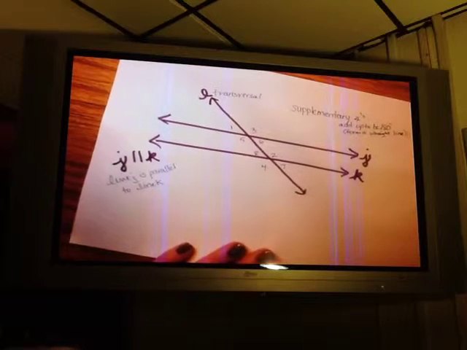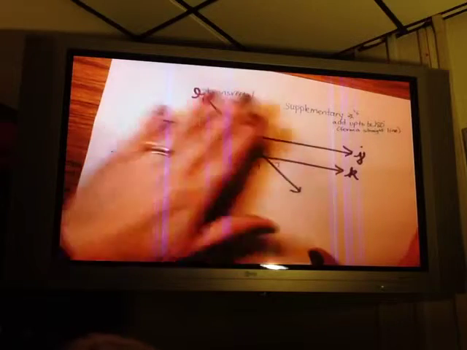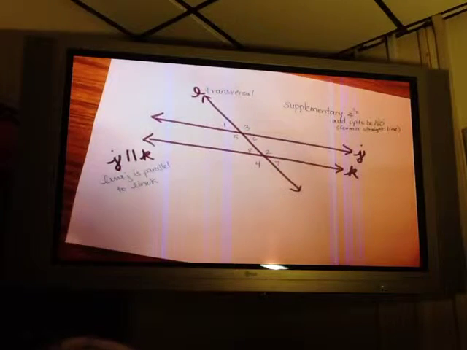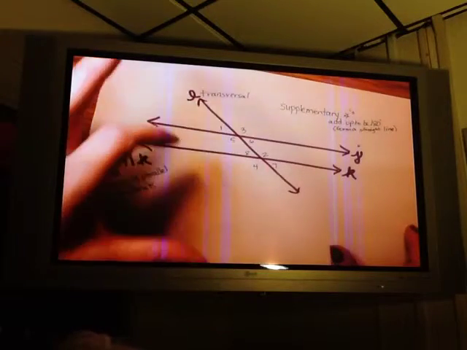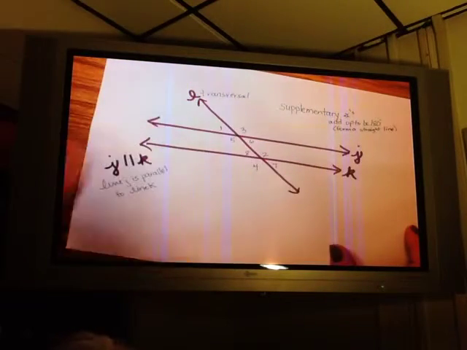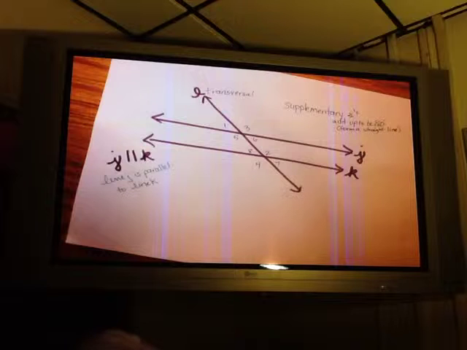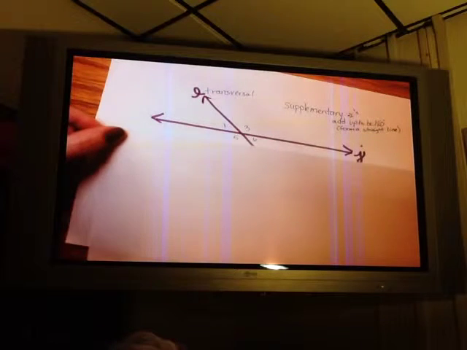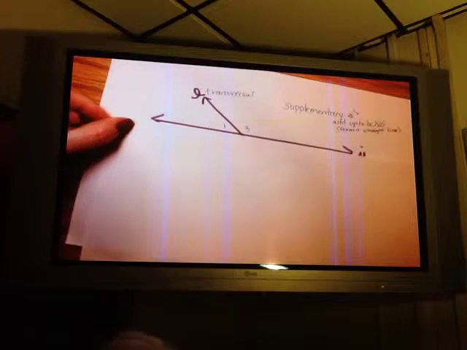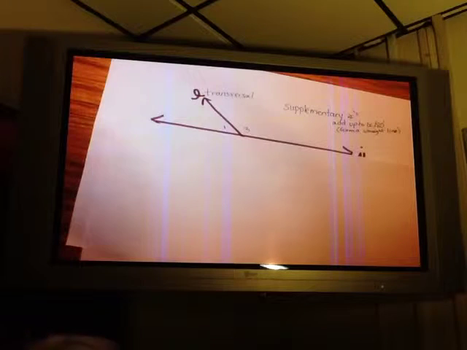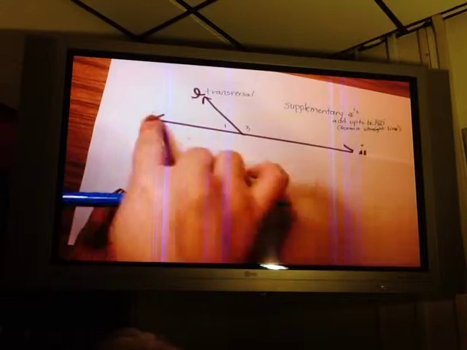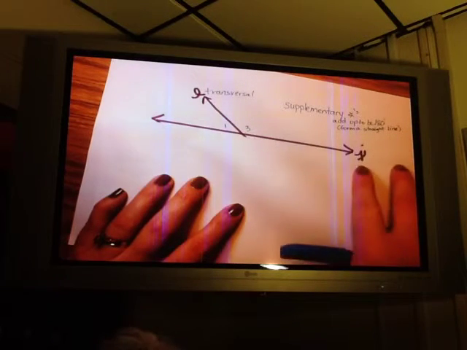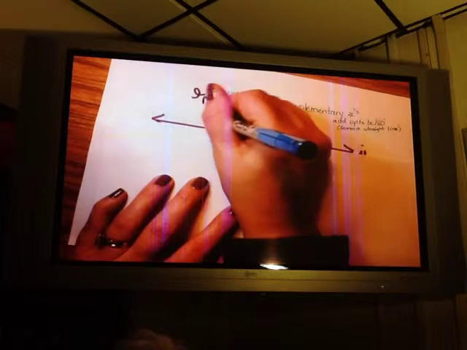So if I look at some of these angles that we've listed here, can someone name me a pair of supplementary angles? 2 angles that add up to be a straight line. What if I were to do this to it? This may help you determine that. Do you see that those 2 angles, 1 and 3, make this line, line J? This one right here is a small one.